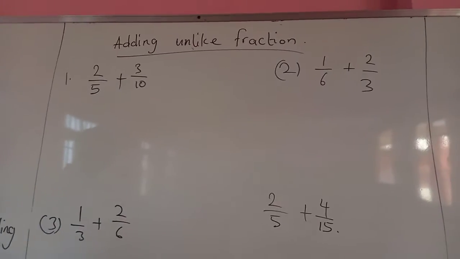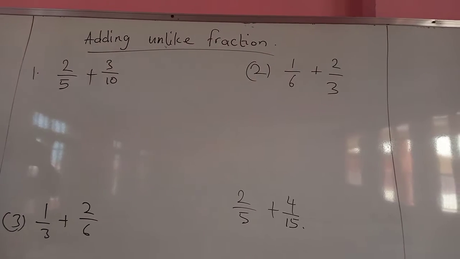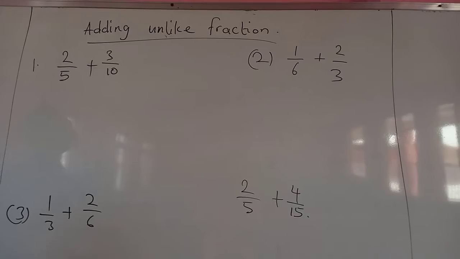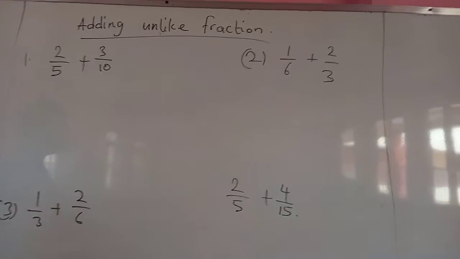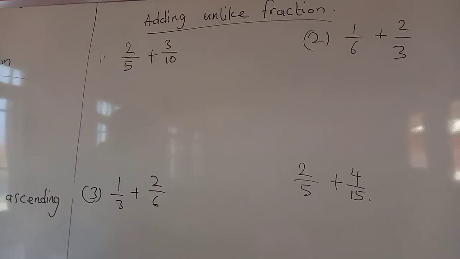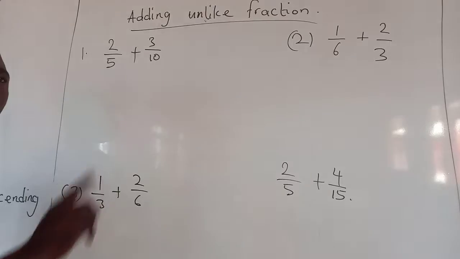Today we are adding unlike fractions. We are going to use the same idea to add the fractions. Here too, we are going to find the LCM, the lowest common multiple, for the two numbers.